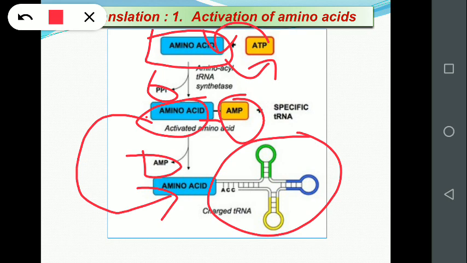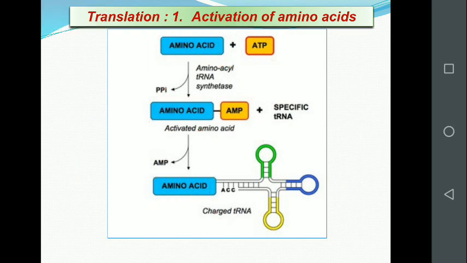Okay, so that means the amino acid is never directly acylated onto the 3' hydroxyl of the tRNA molecule. First of all, it should be activated by AMP, and then it is attached to the 3' end of the tRNA replacing AMP. Okay, this is the mechanism of activation of amino acid.